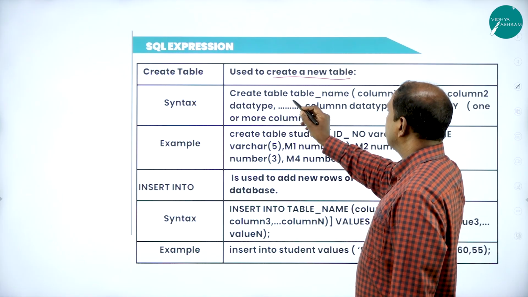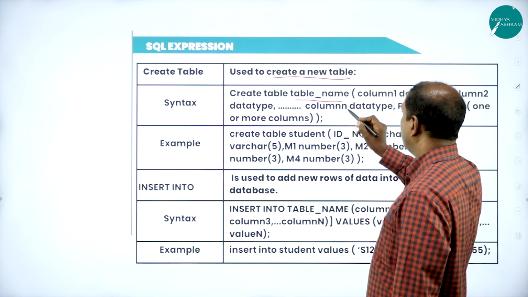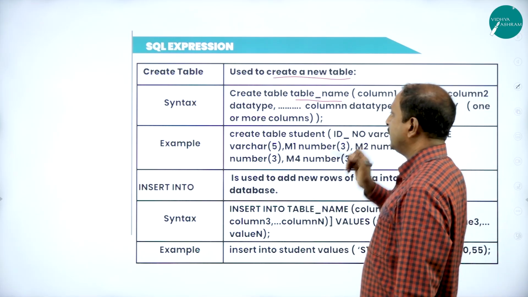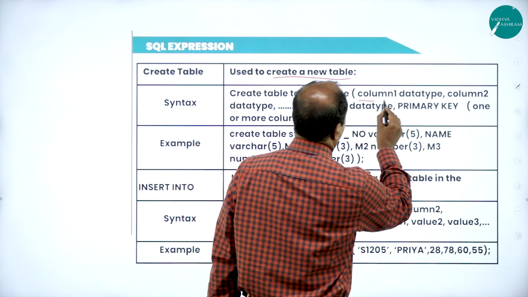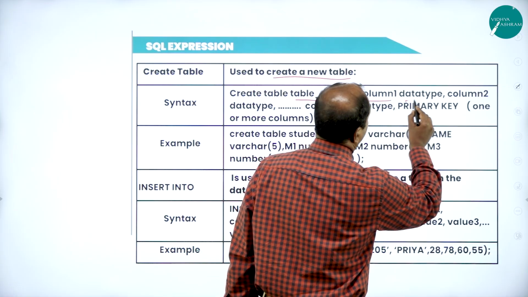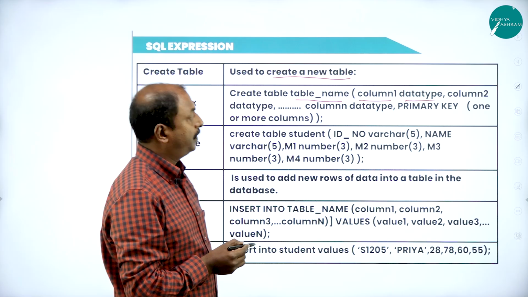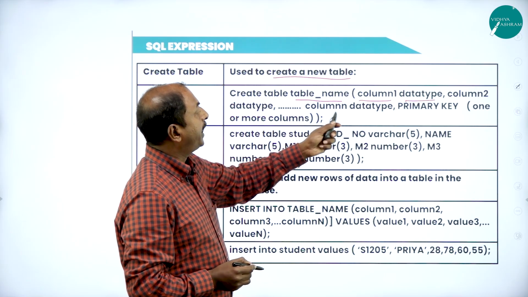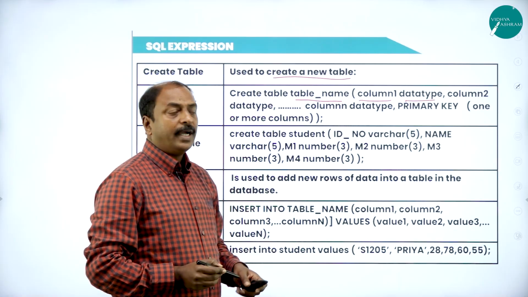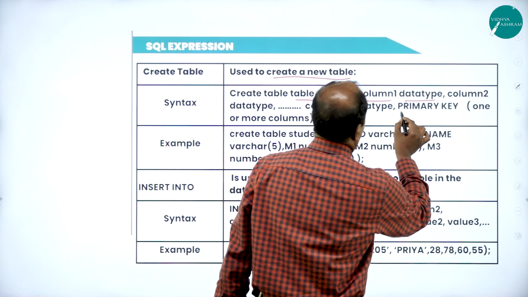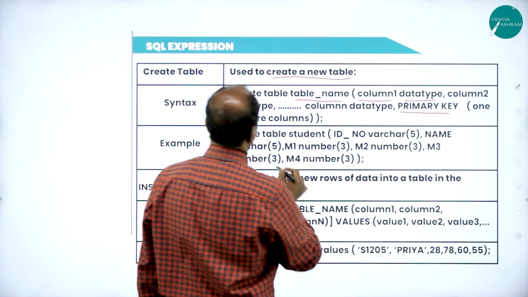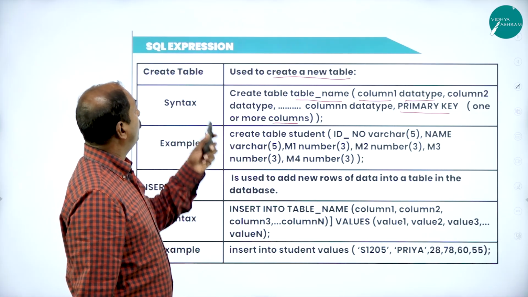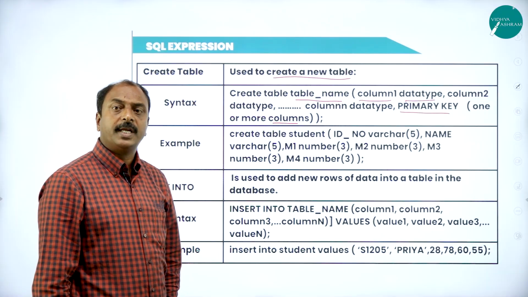Create table, then the name of the table, with a number of columns or attributes. Column 1, the name of the column plus the data type of that column. Similarly column 2, data type, and so on. We can have n number of columns, and along with that a primary key, which is optional, on one or more columns.